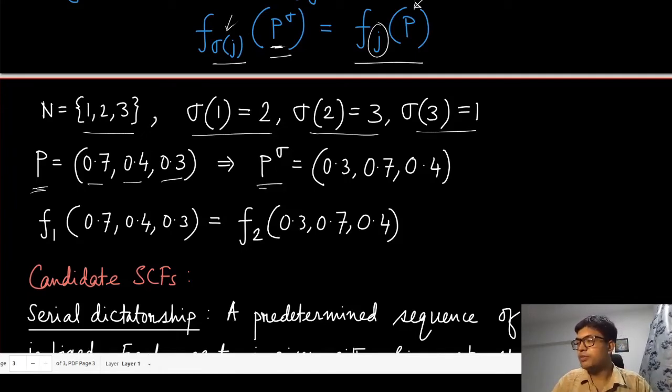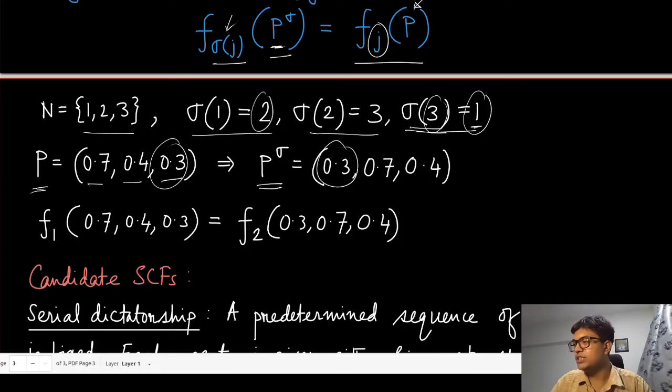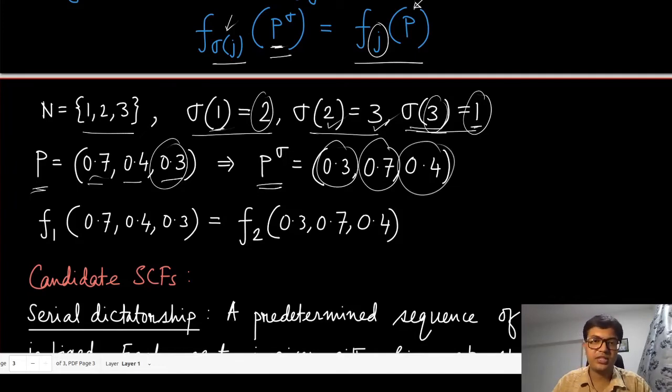And after permutation, now what happens is that because now the third agent is the new agent 1, agent 1's peak will be the agent 3's peak in the original game, which was 0.3, that will come here. Agent 2 is the first agent, so that 0.7 will come here, and agent 3 is the agent 2 in the original game, so its peak comes here.